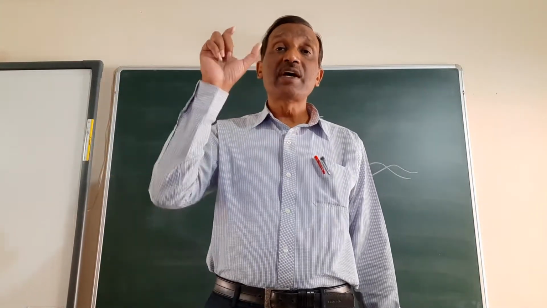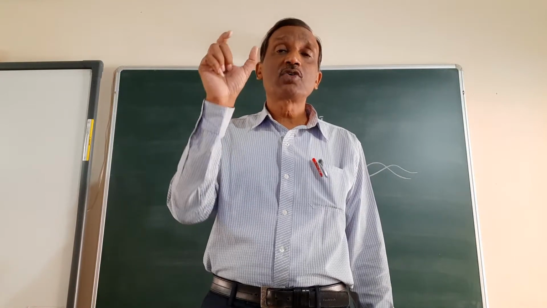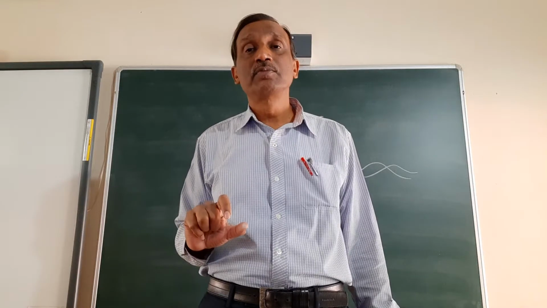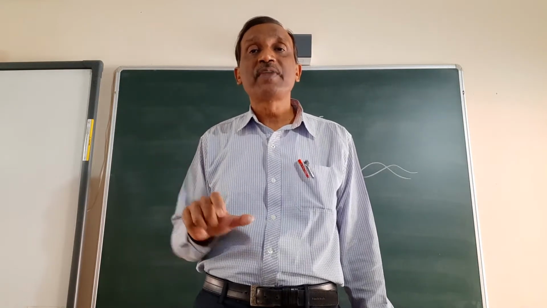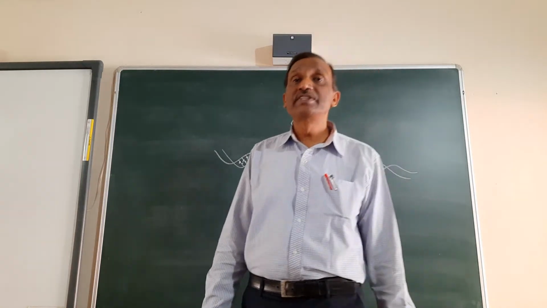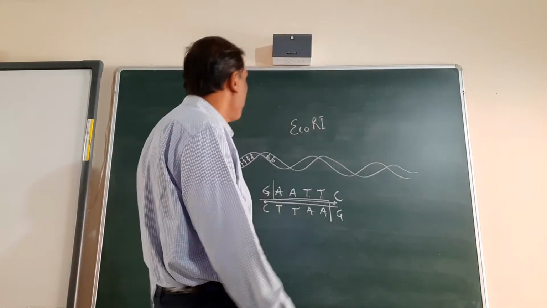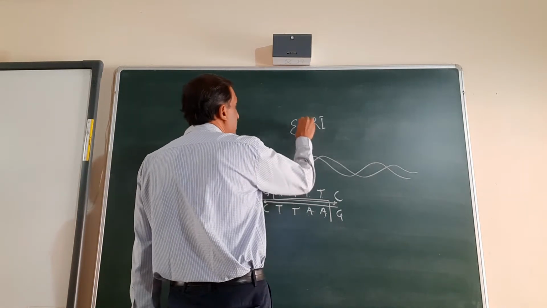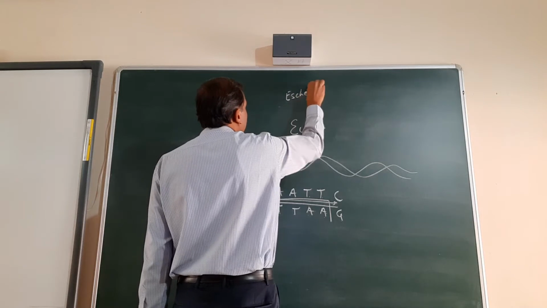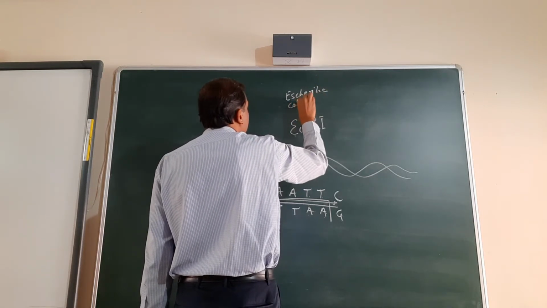Here the names are accurate, and by reading the name you immediately come to know what kind of organism it is obtained from, what the location is, and in which number it was discovered. See, the conventional naming of the enzymes: the first letter is from the name of the genus. Suppose Escherichia coli. So E stands for Escherichia, and CO stands for coli.